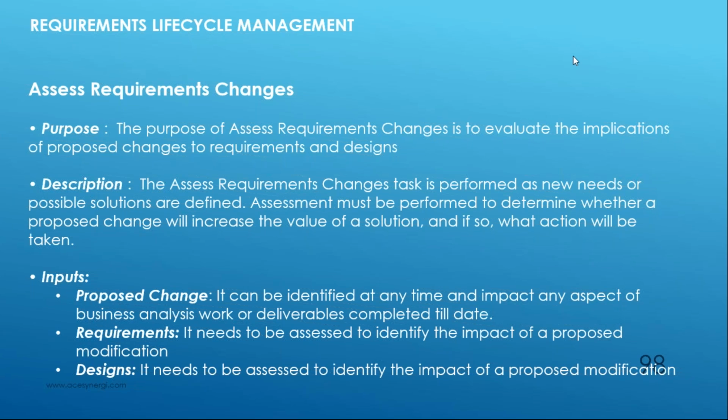Another way of prioritizing is time boxing. When we talk about time boxing in Agile, the highest priority requirements will be delivered in the first sprint. That's what you do there. So these are the three tasks that we discussed in the previous sessions: trace requirements, maintain requirements, and prioritize requirements.